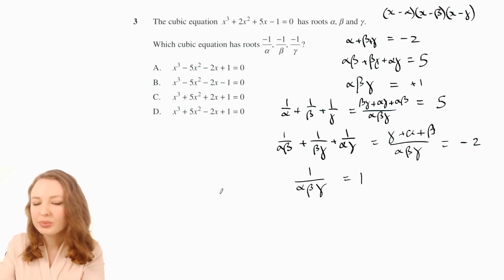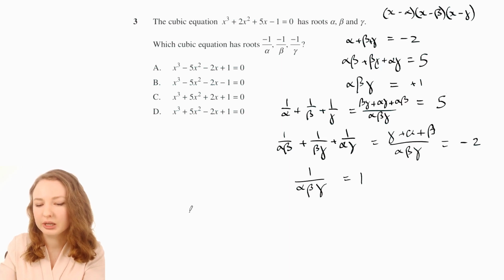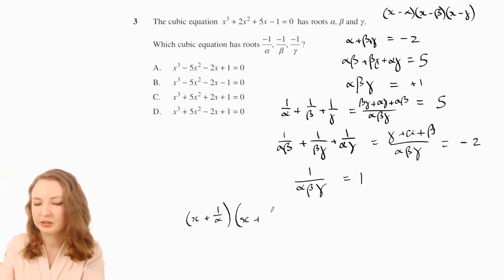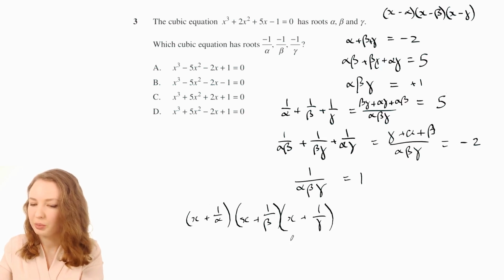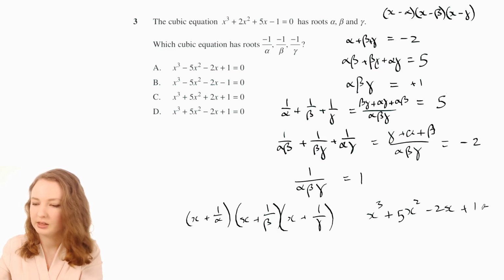So the cubic is going to be like x plus 1 on alpha, so x minus the root times x plus 1 on beta, x plus 1 on gamma. So all the coefficients are just going to be the positive versions of these. So it's going to be x cubed plus the sum, 5x squared, and that one, and plus 1 equals 0.